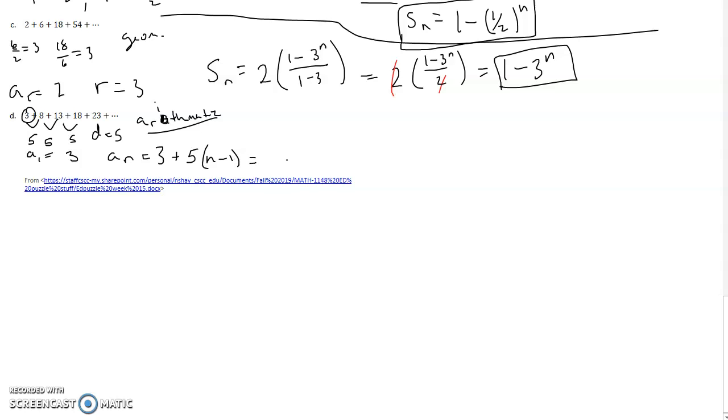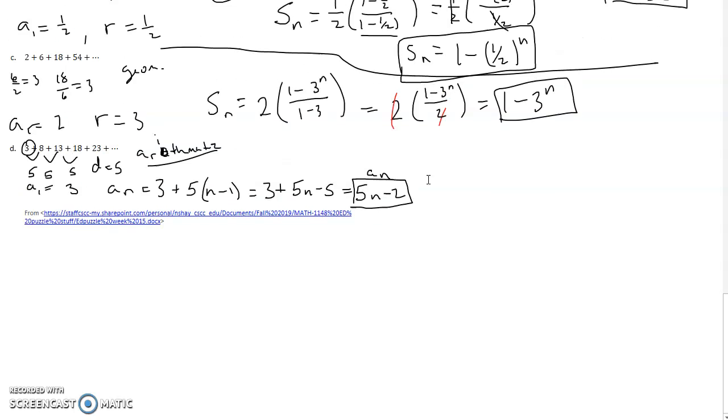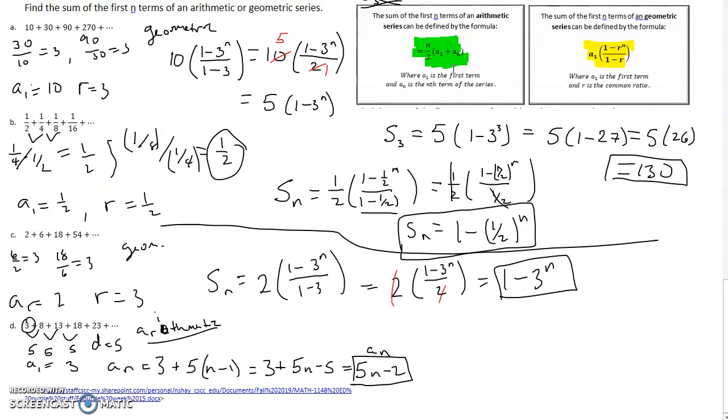Let's work this out. Bring the 5 in there. It's going to be 3 plus 5n minus 5, which gives us 5n minus 2 is the nth term of the sequence.